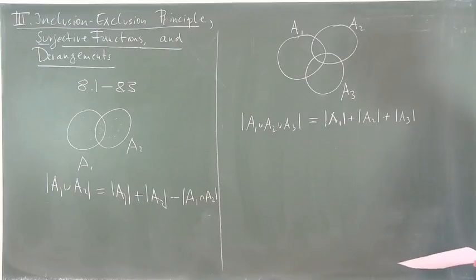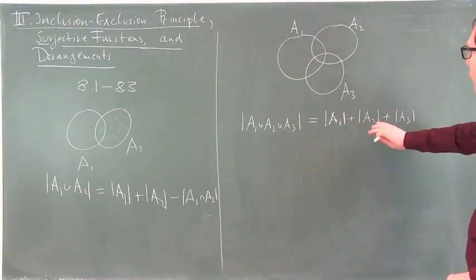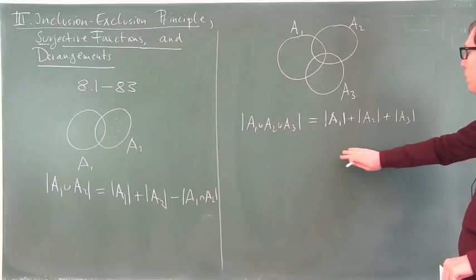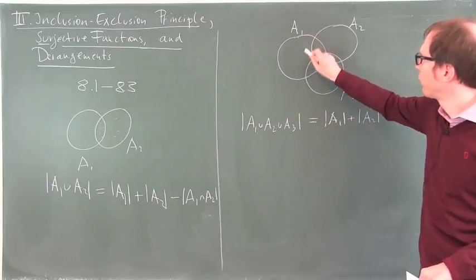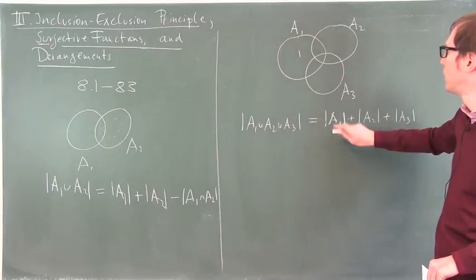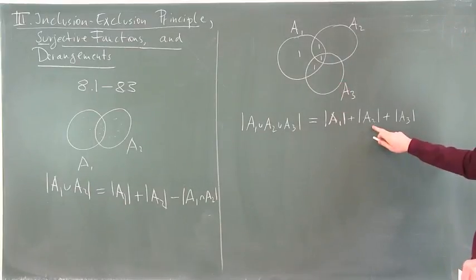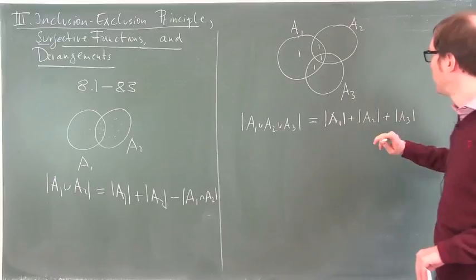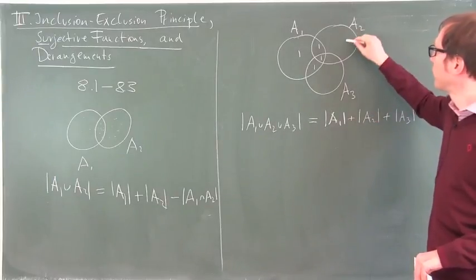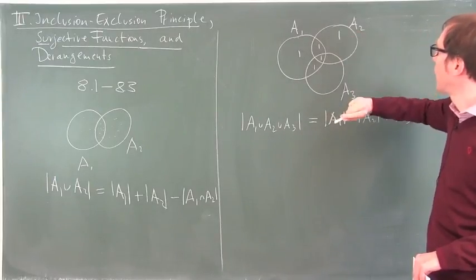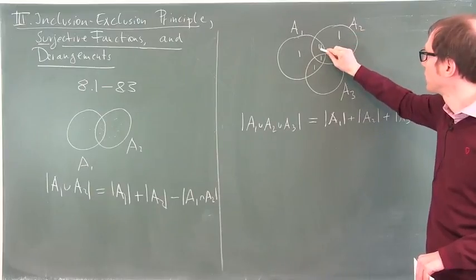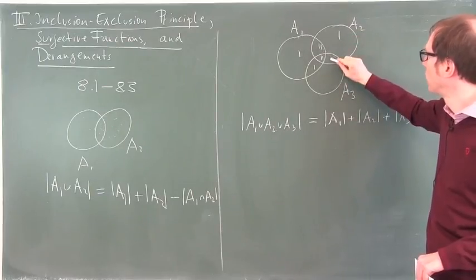Now what's happening here? Let's see what we counted so far. So far we counted all of the elements in here once. Now we go to A2: we count these elements once, and these once.